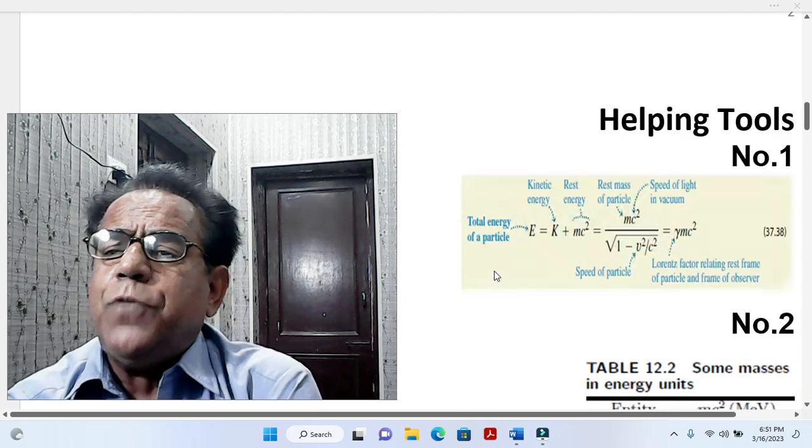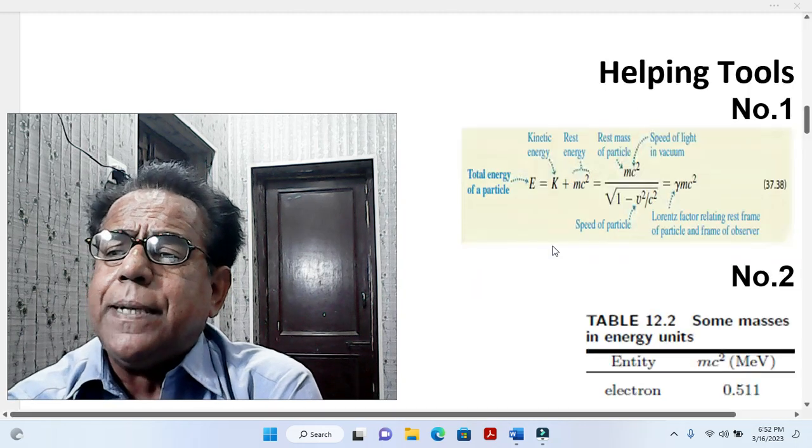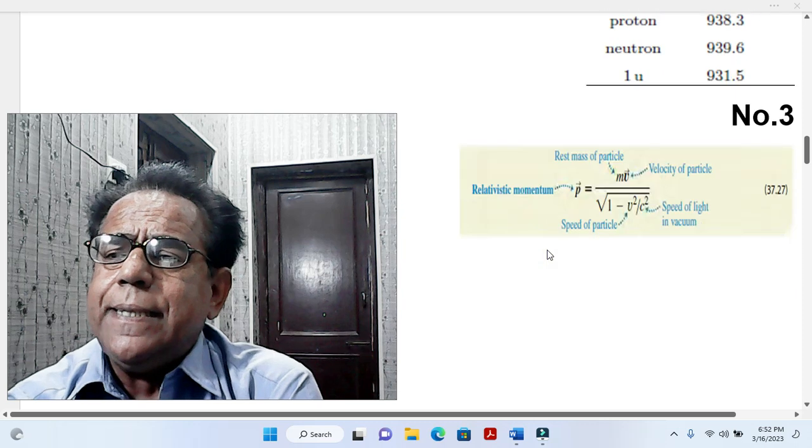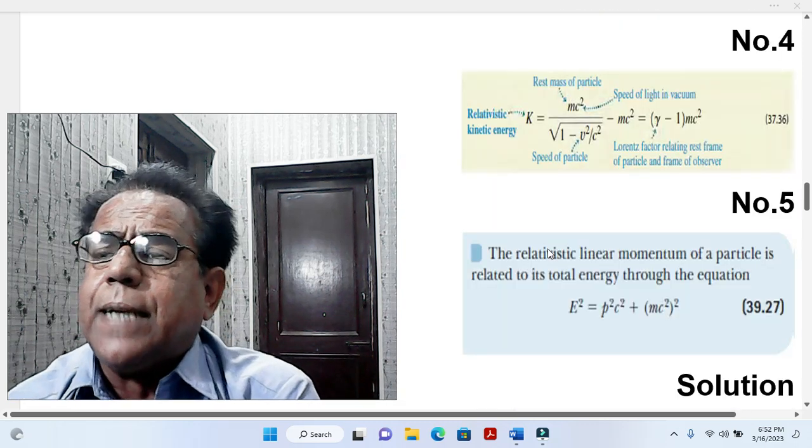Total energy of a particle E is equal to K plus mc², but that expression is only relating to relativistic kinetic energy.